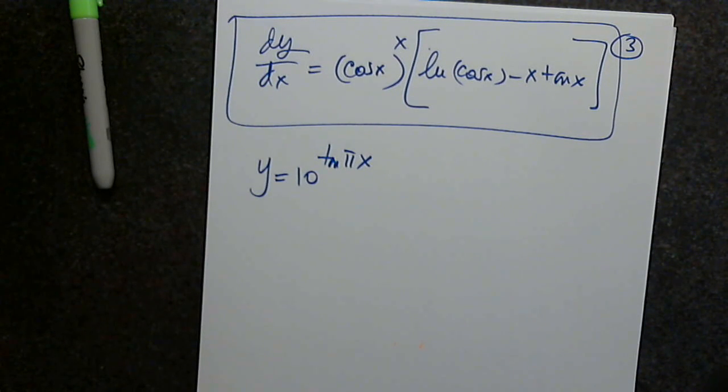Which differentiation rule do we need here? What if this were just e? What would the answer be if this were e?